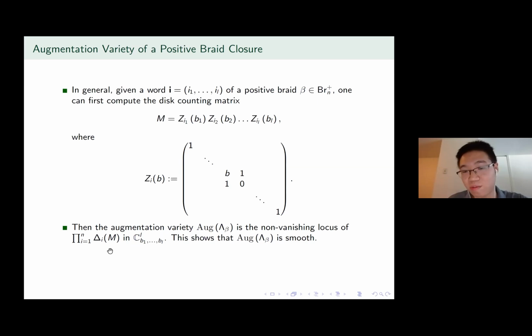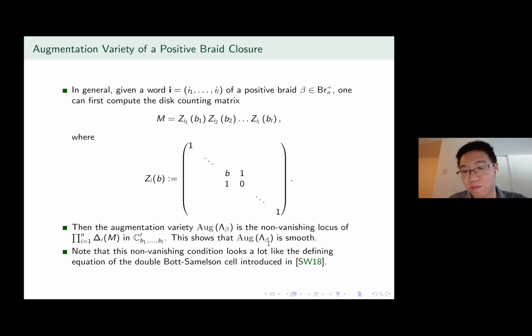So you can just multiply all of them together and take the non-vanishing locus inside this affine space. Note that the non-vanishing locus of a single polynomial is smooth. So we know that the augmentation variety of this positive braid closure is a smooth variety.